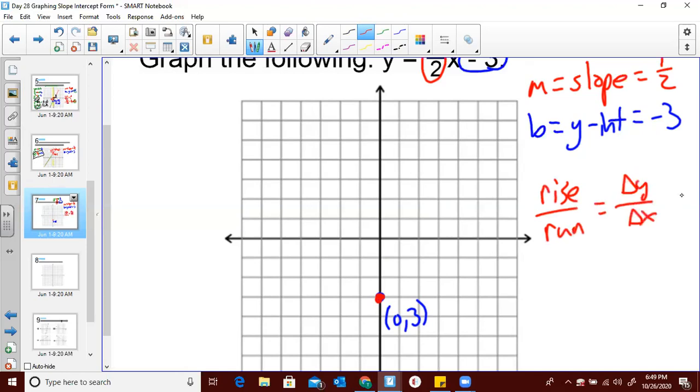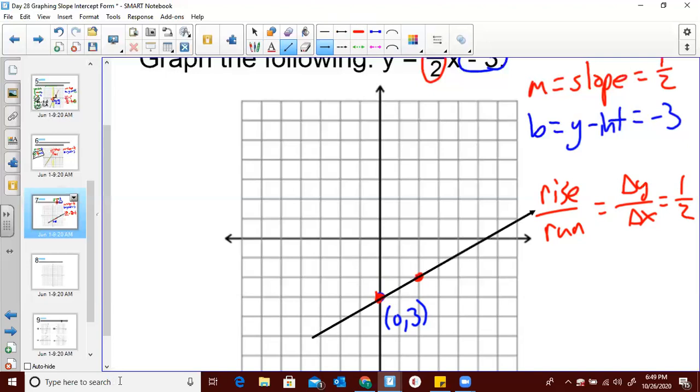We know that this is 1/2. So we're going to go up 1. That's our rise. And then our run, which is horizontal, will be positive 1 and 2. And this will be my next point. And that's all you need to graph this line. And you should be able to draw a straight line through both of those points.